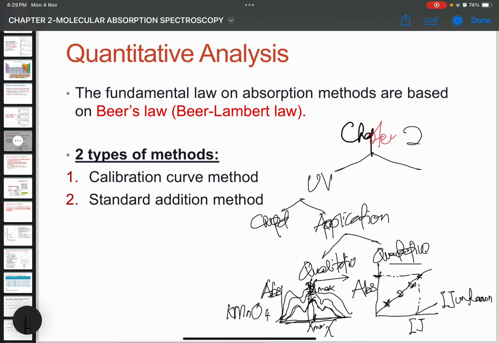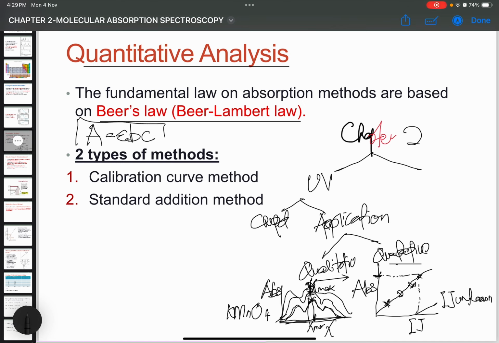So, quantitative analysis using UV uses Beer's law, or Beer-Lambert law, as the basis of concentration calculation. So what is Beer's law? A is equal to epsilon b c.